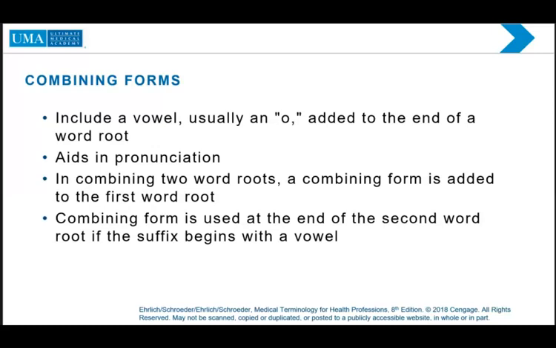It also aids in pronunciation. In combining two word roots, a combining form is added to the first word root. A combining form is used at the end of the second word root if the suffix begins with a vowel.